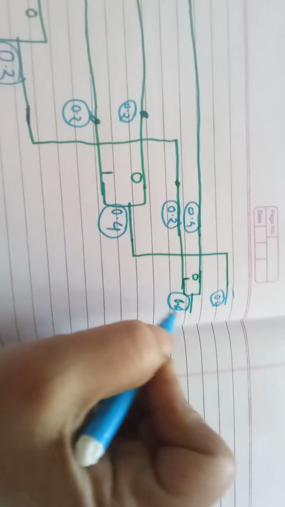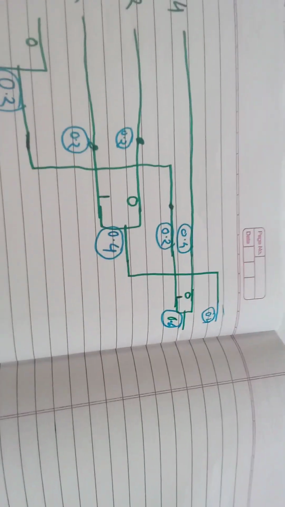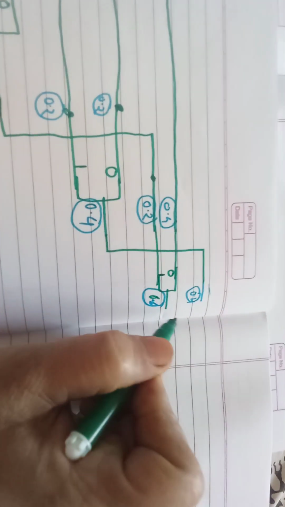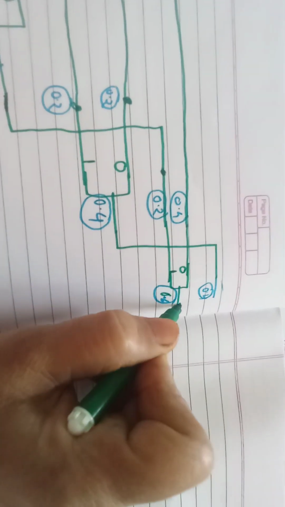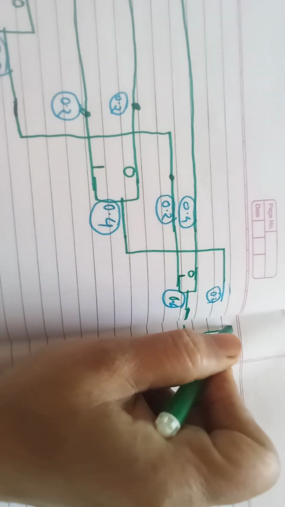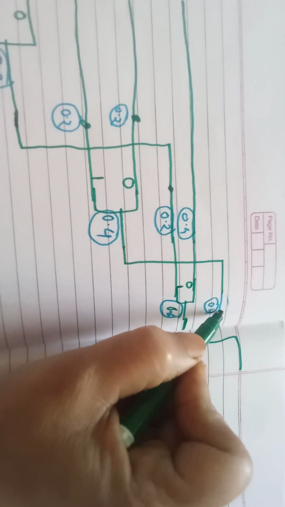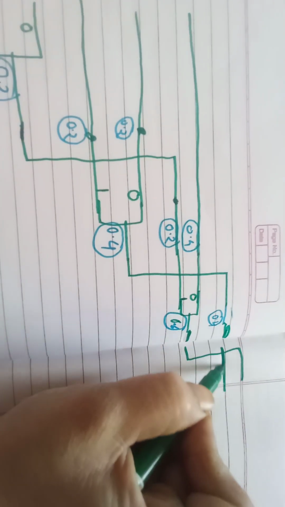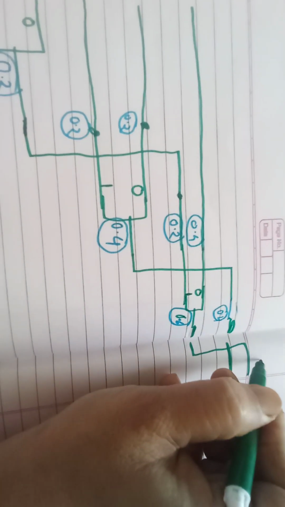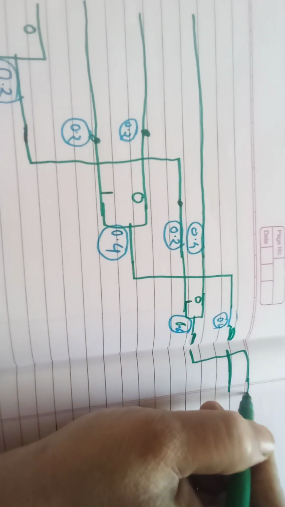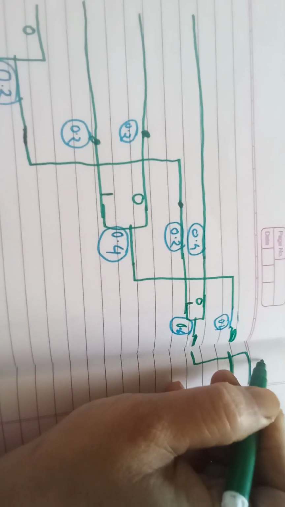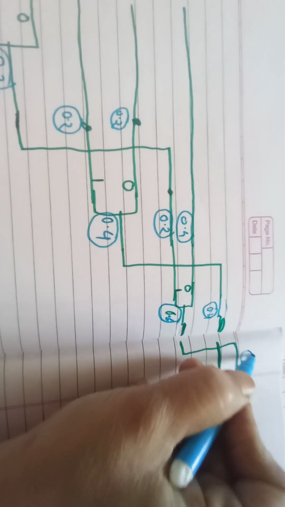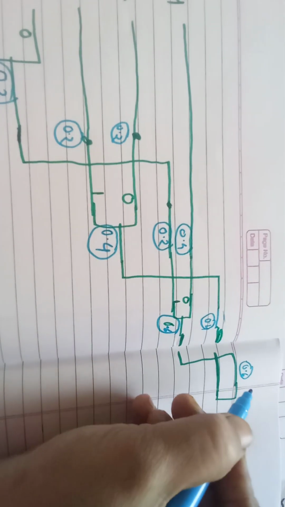Now only two remain. So again you arrange in descending order. That means 0.6 you have to take upward and 0.4 lower. So this is 0.6, this is 0.4.